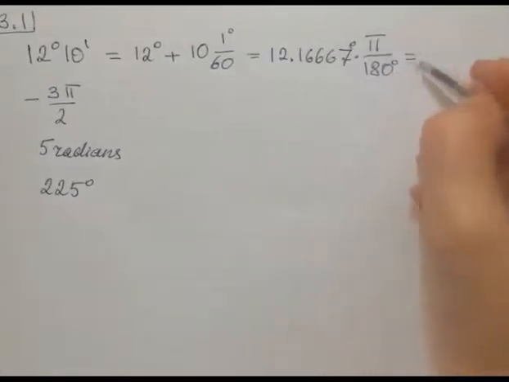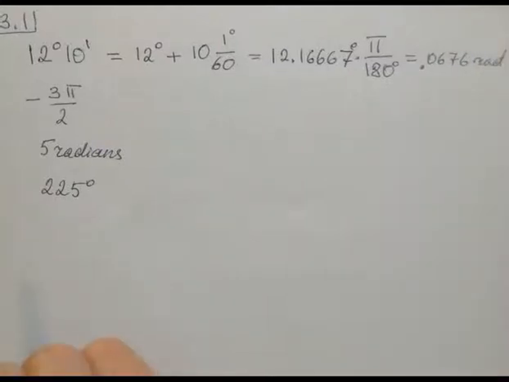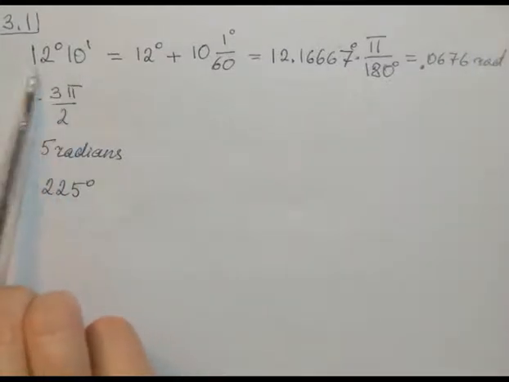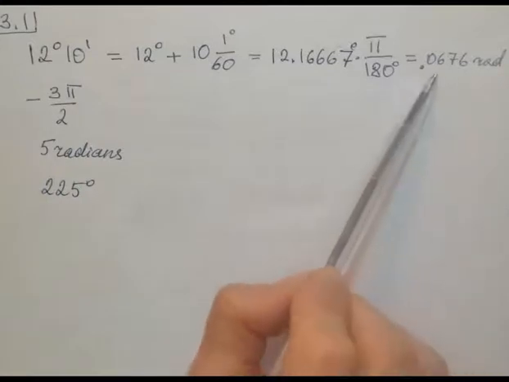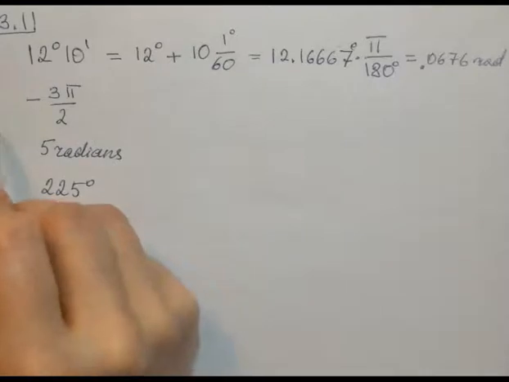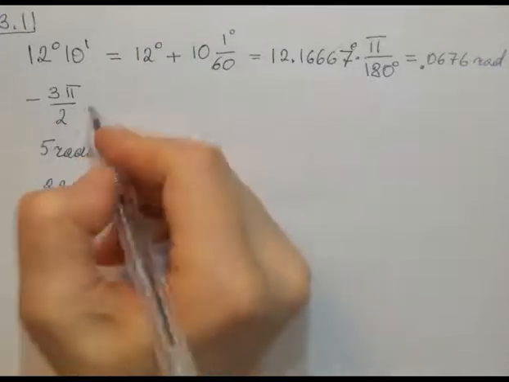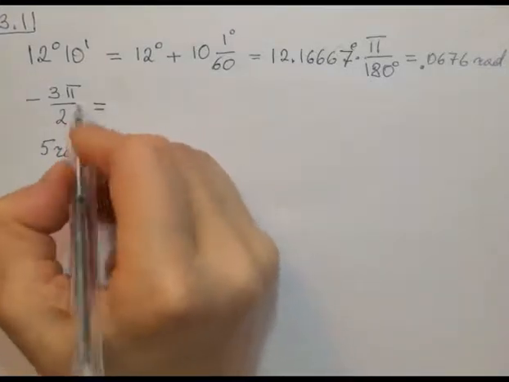And it will be approximately 0.0676 radian. We have 3 significant digits in the beginning and 3 significant digits at the end.